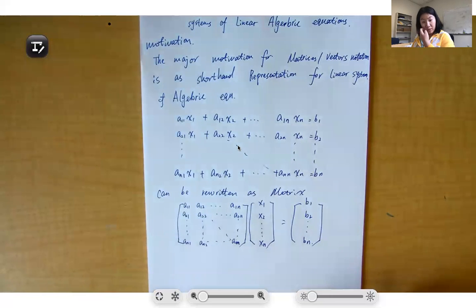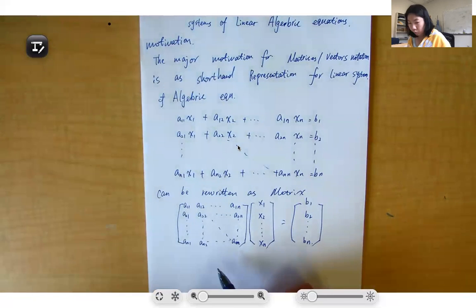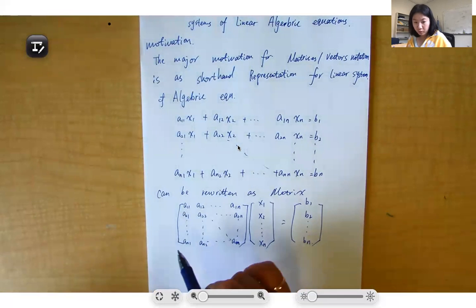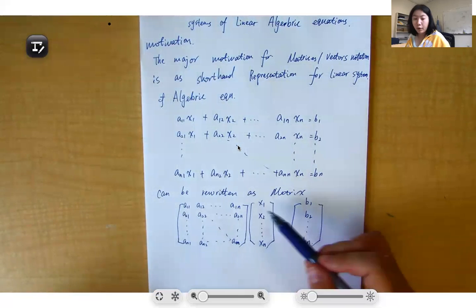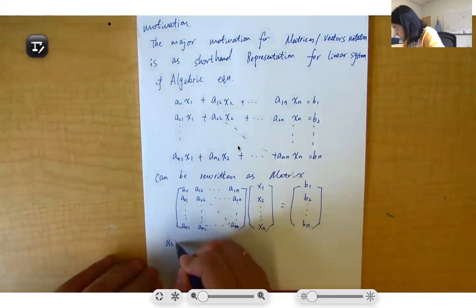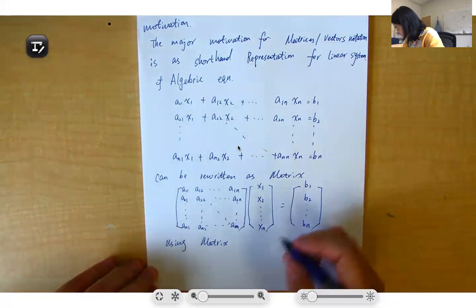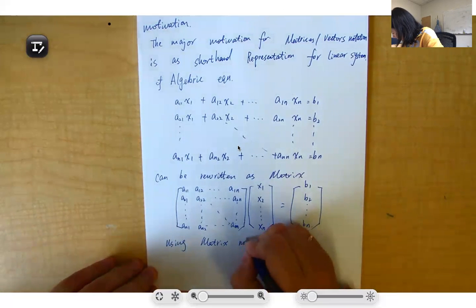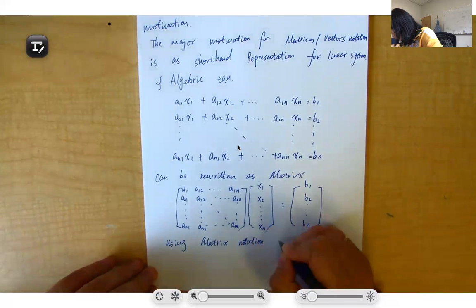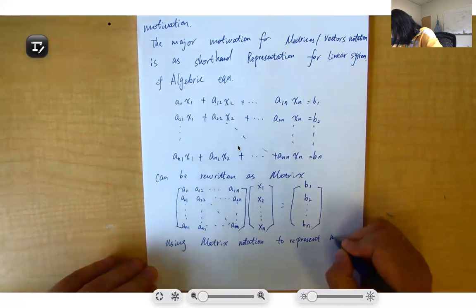And you can use the matrices and vectors, such as the A with two underlines, which represents this 2D matrix, and using the 1D vector to represent the others as well. So using matrix notation to represent the multiplication.